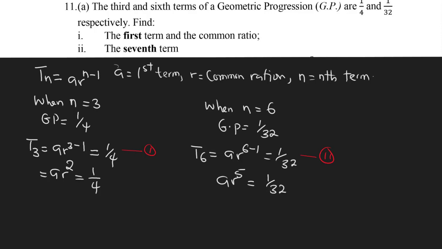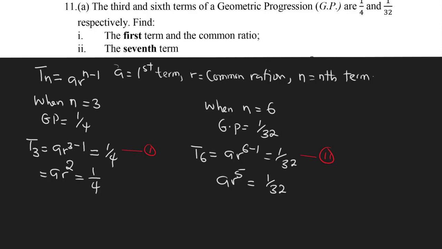So the next thing is to find our common ratio. It's very simple, just by taking the sixth term and dividing by the third term. That's the simplest thing to do. Just take the entire equation and divide the sixth term by the third term.